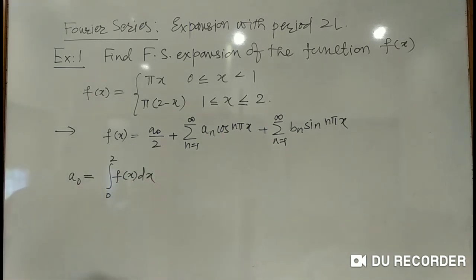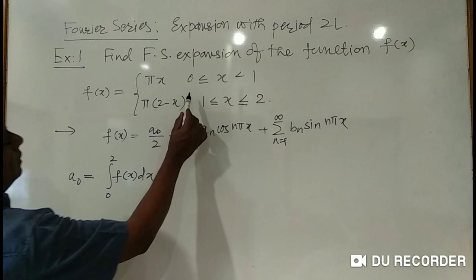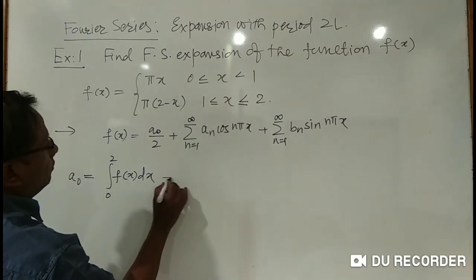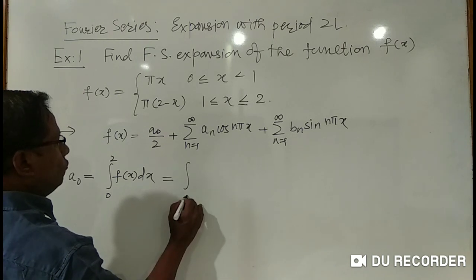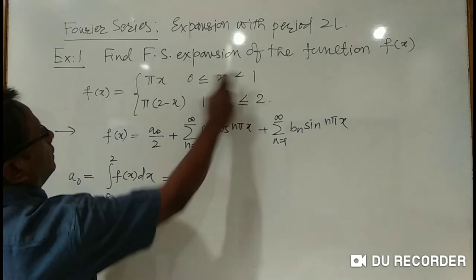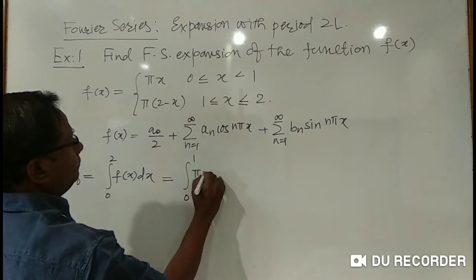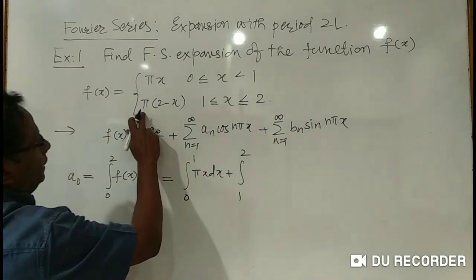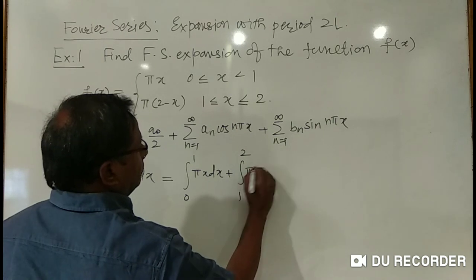Now this function f of x is defined in two subintervals, 0 to 1 and 1 to 2. So we split this integral: for 0 to 1 it is pi x, plus for 1 to 2 it is pi into 2 minus x.